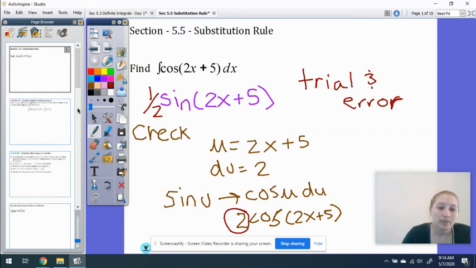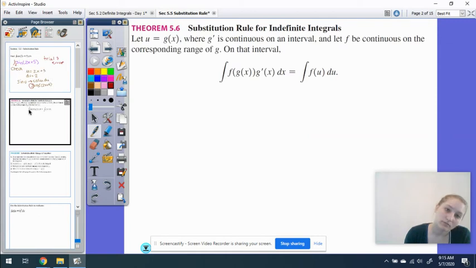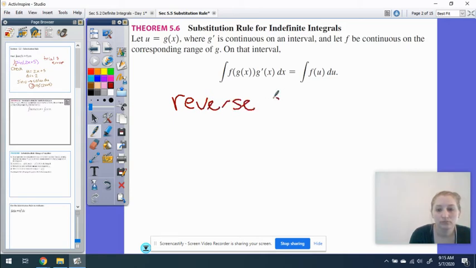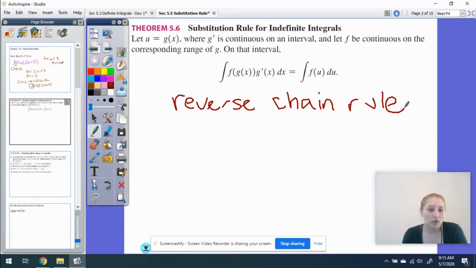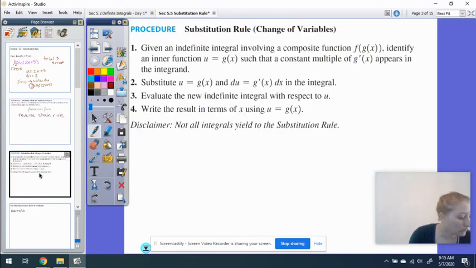So this theorem is essentially telling us how to complete the reverse of the chain rule, okay? So here are the steps that we're going to follow, and I'm going to help you go through this.